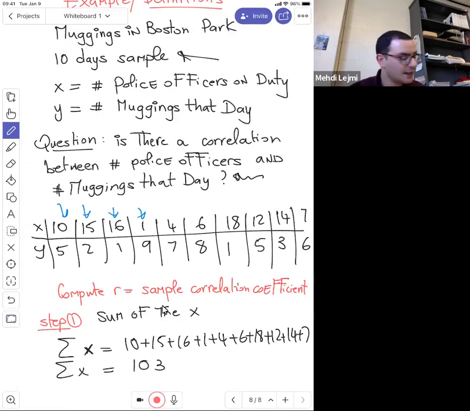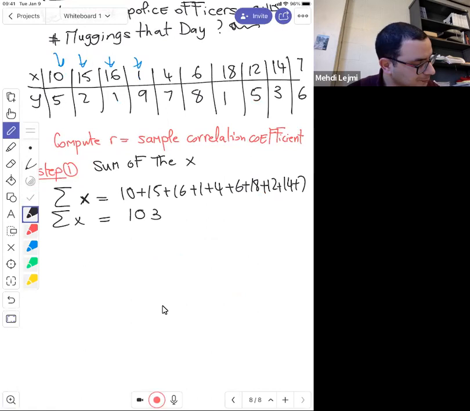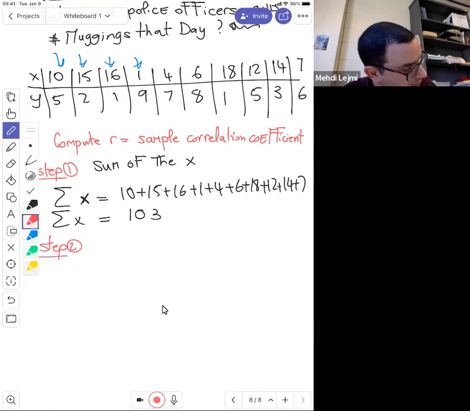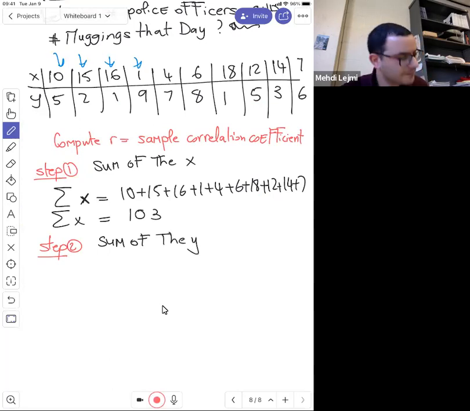Sum of the x's. Now we do the sum of the y's. So step 2, we need the sum of the y variable, right? So again, it's a summation. So first y is 5.